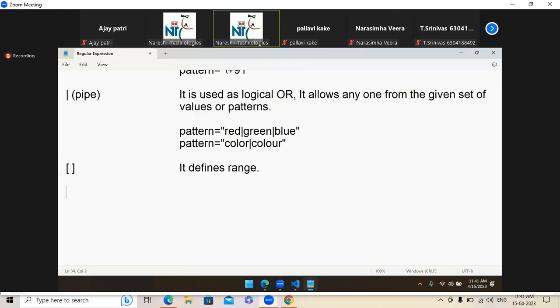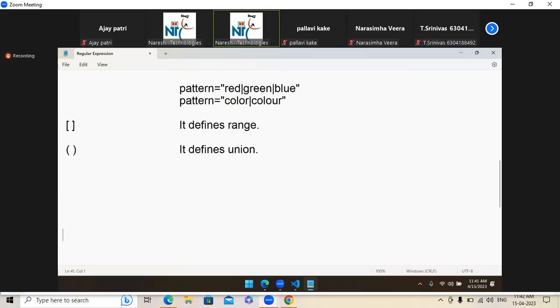Square brace is for a range of values. Parenthesis defines union, a union of values. You will see these later, because some characters we cannot try until we learn all the combinations. So these are also meta characters: square brace is used for range, and parenthesis is used for union.